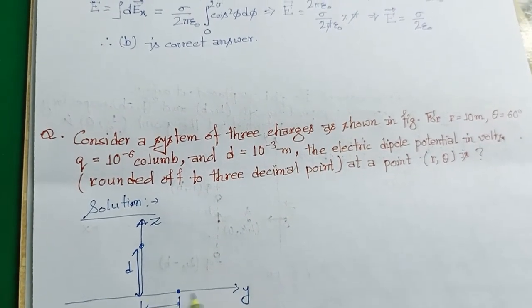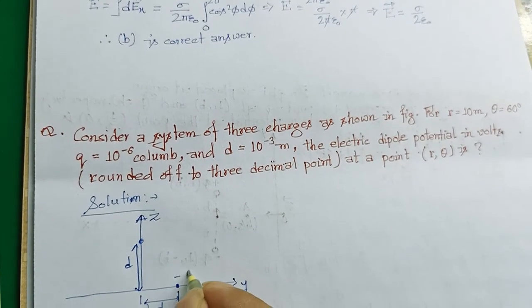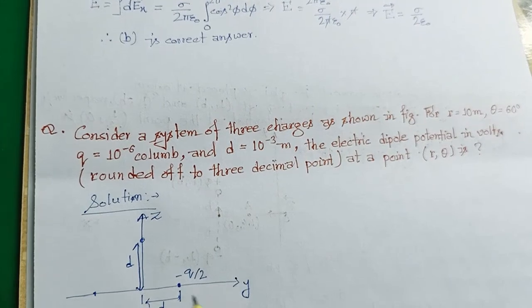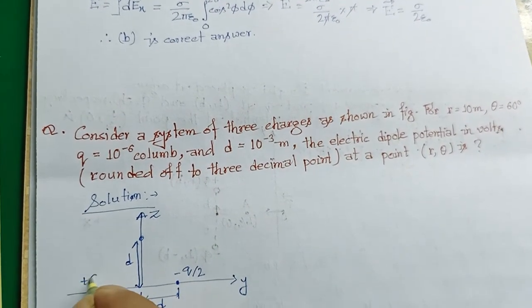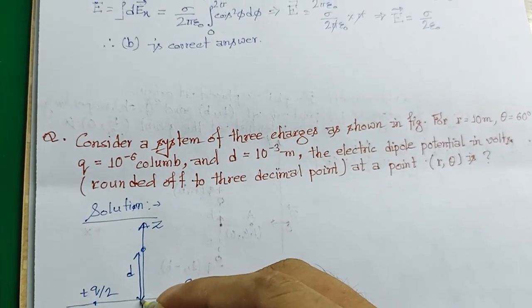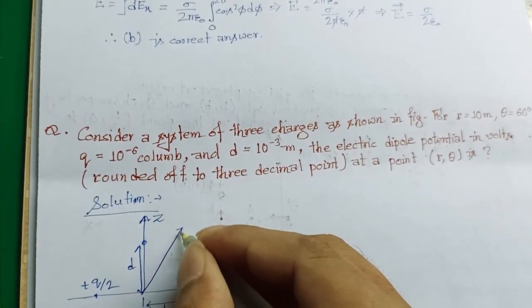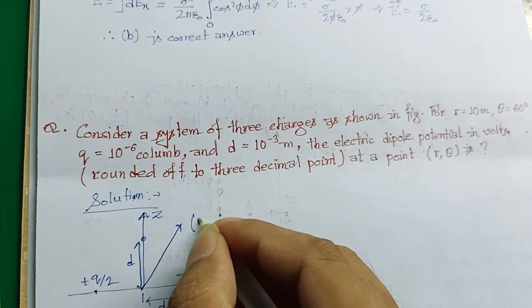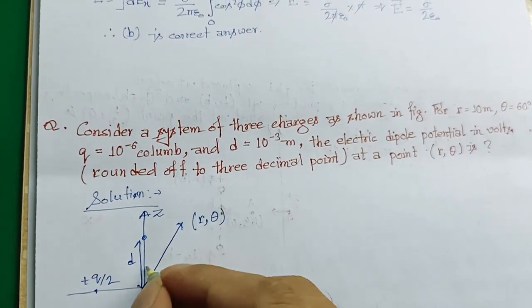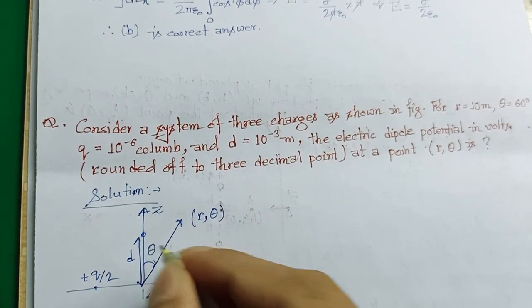There is a charge of magnitude minus q by 2, and a charge of magnitude plus q by 2. And in this direction the coordinate is r, theta, and this angle made is theta here.